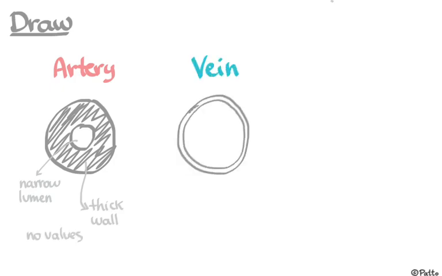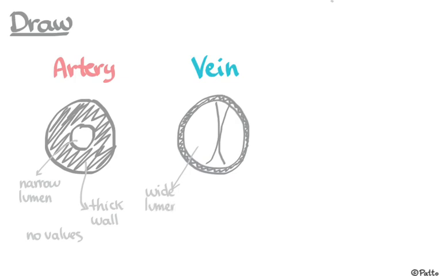Okay. If you are asked to draw it, of course, you don't need to do that three-dimensional crazy drawing. Basically, you can draw it in a cross-section. The artery looks like a little donut. It has a narrow lumen, it has a thick wall, muscle and elastic, and there are no valves in there. While when you draw veins, they look like a ring.